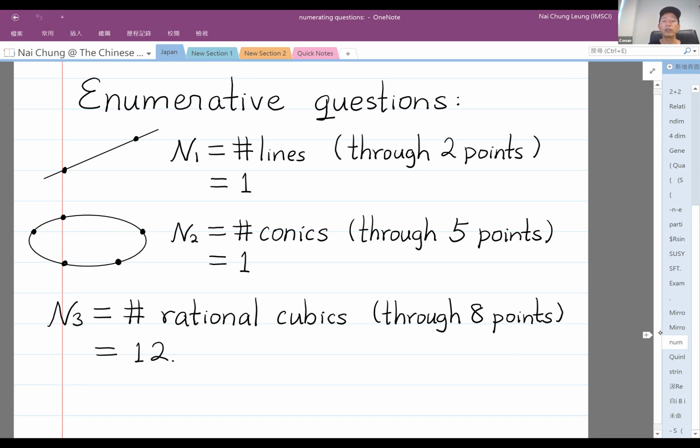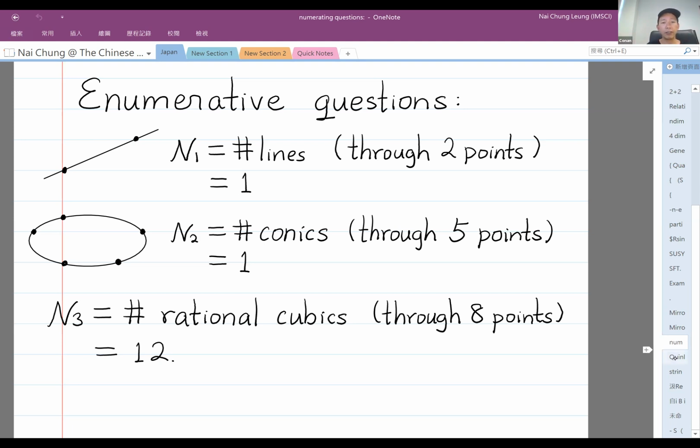Those are called rational curves. You want to count those rational curves of degree 3, which are cubics, and again you have to impose the right conditions to cut it down to 0-dimensional and then count them. The number of rational cubics passing through 8 points is 12. You can go on and determine all of these. Very classical questions in mathematics.